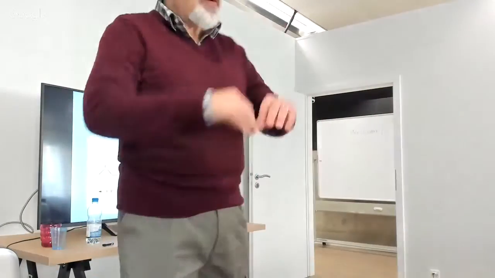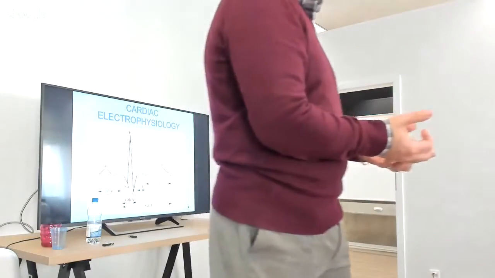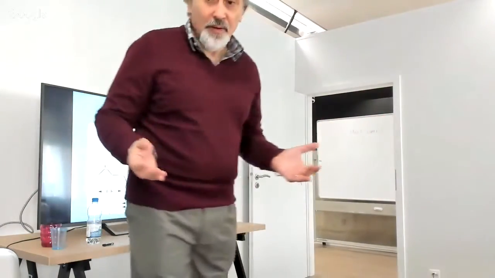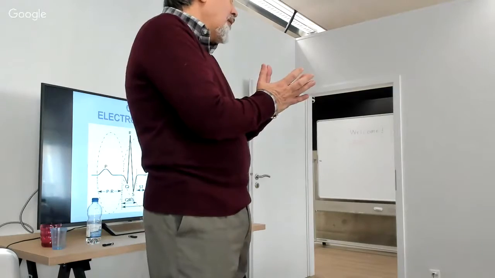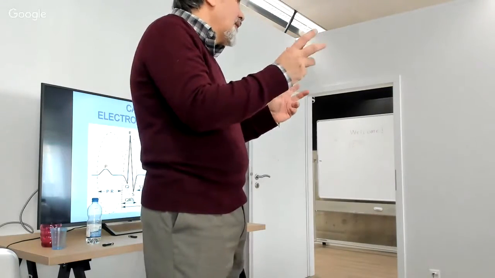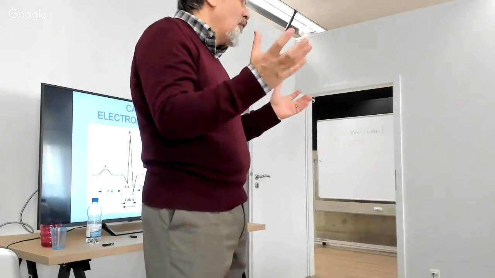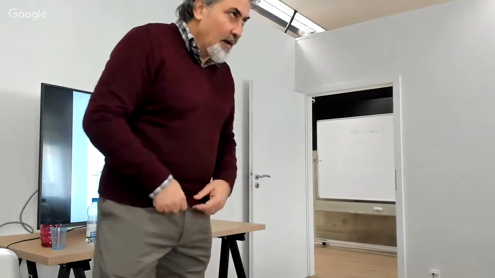Okay? We will understand this electrocardiogram better, but we first need to understand what happens in the cells. And then we will see the tissue all together, because the electrocardiogram is not a record of a single cell, but the record of the diffusion of the potential in the whole organ.